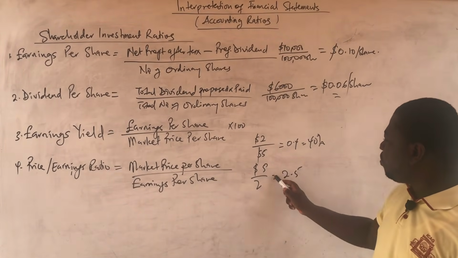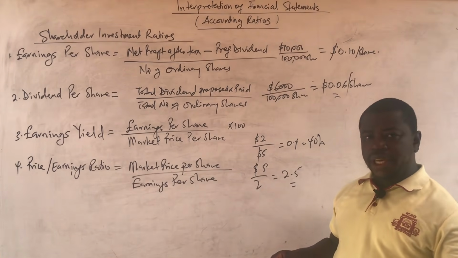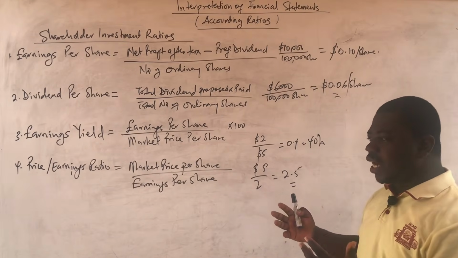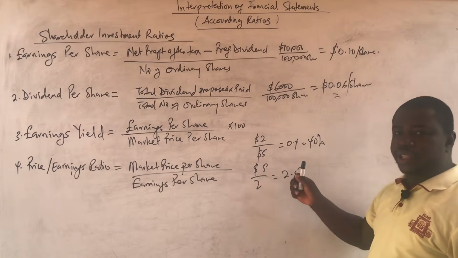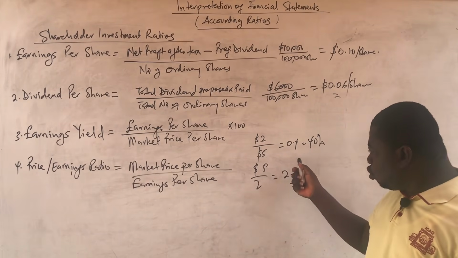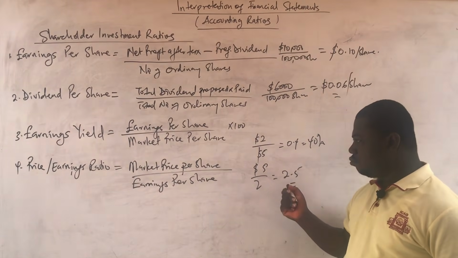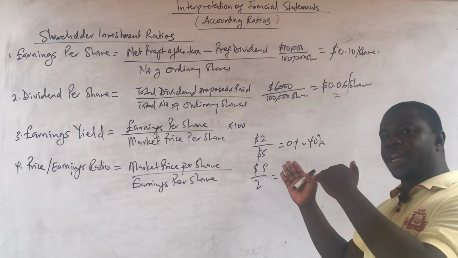So if it's going to take me 2.5 years to recover, and another competitor, it will take the person 1.5 years to recover, then rationally every investor will move to the other company. So this is a very important ratio, more like a tool for investment appraisal, the PE ratio. And then the earnings yield also, it's just that they come in an opposite way.